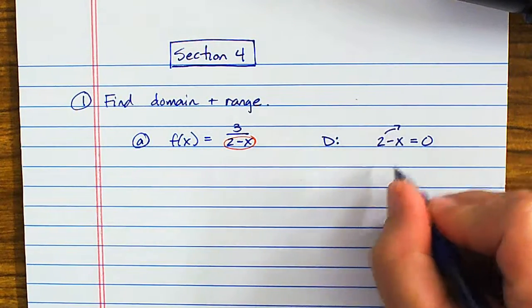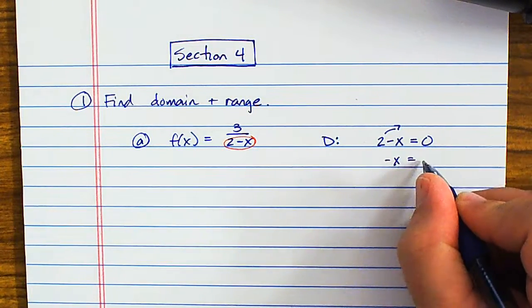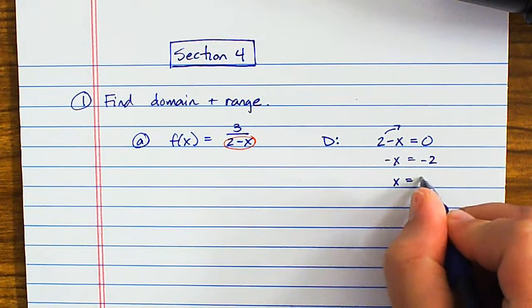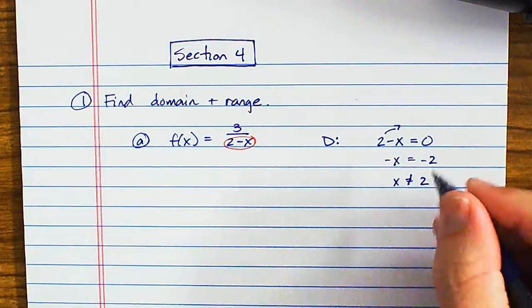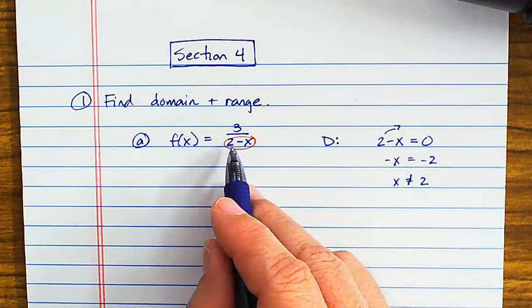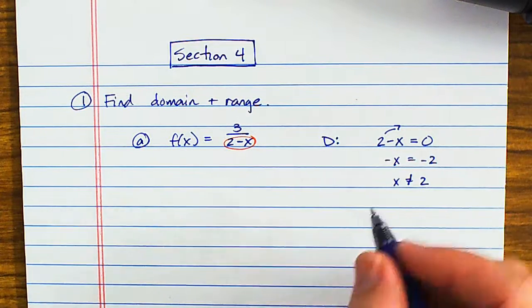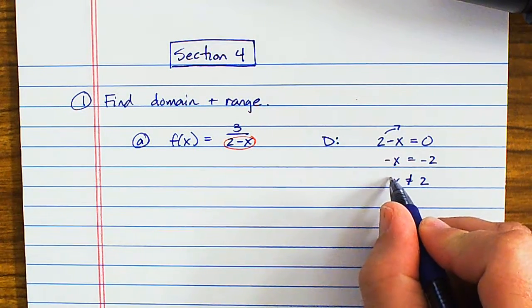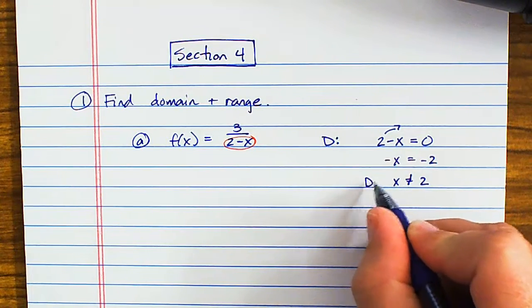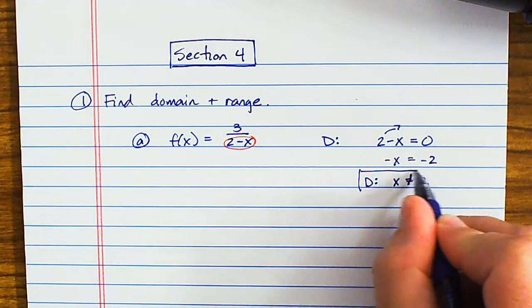So if I bring the 2 over there, I know that negative x is negative 2, which means that positive x is 2, which means that x cannot equal 2. And you can really think about that. If you put a 2 in there, 2 minus 2 makes 0, and we can't have 0 on the denominator. So that is your domain right there, is that x cannot equal 2.